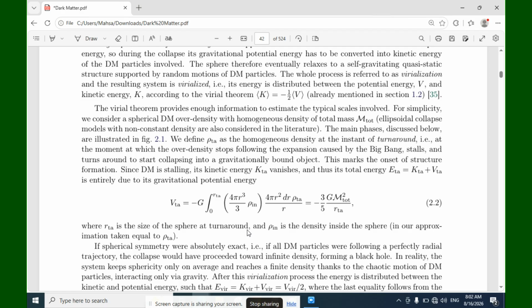Since dark matter is stalling, its kinetic energy K TA vanishes, and thus its total energy E TA is equal to K TA plus V TA, and is entirely due to the gravitational potential energy.